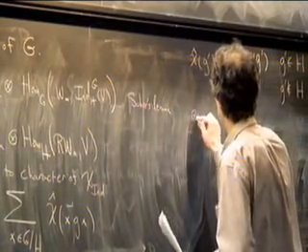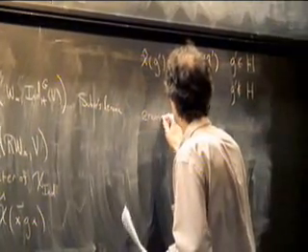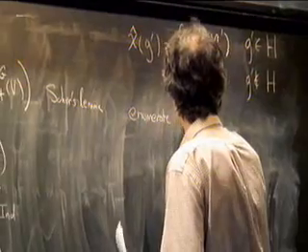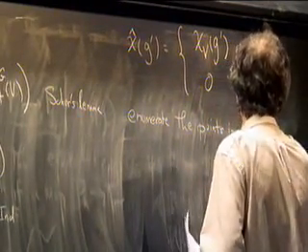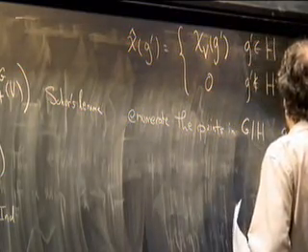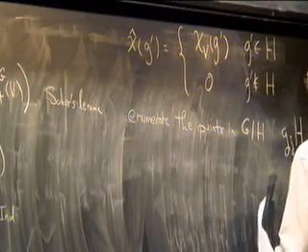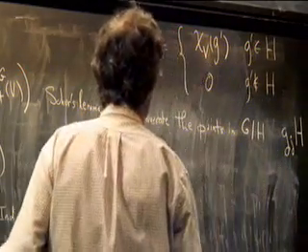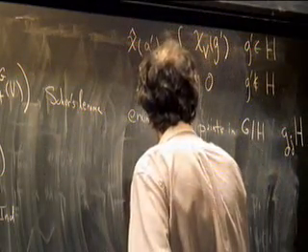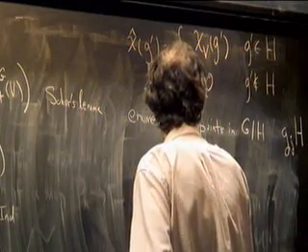Well, let's enumerate the points in G mod H as cosets G sub J H, so J equals 1 through some integer n. And then we know that the left action has to look something like this.